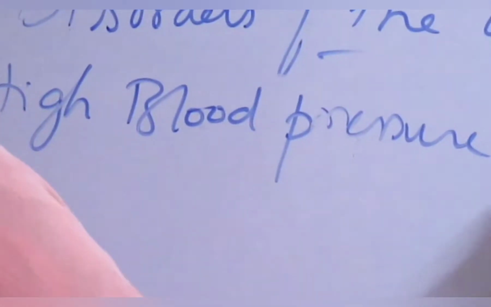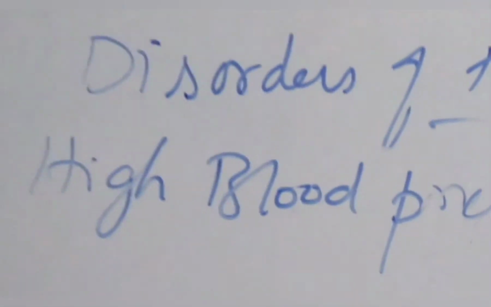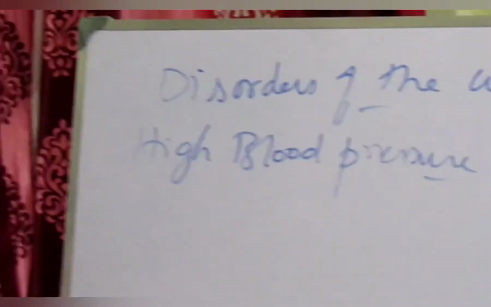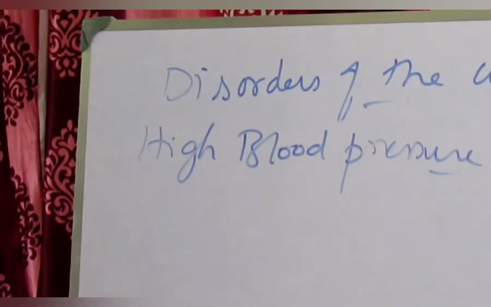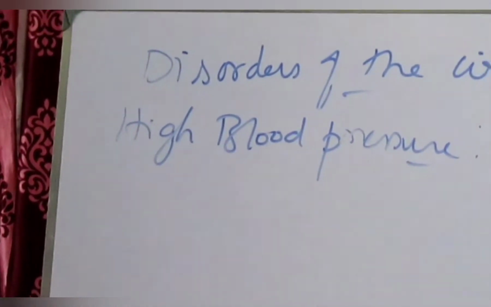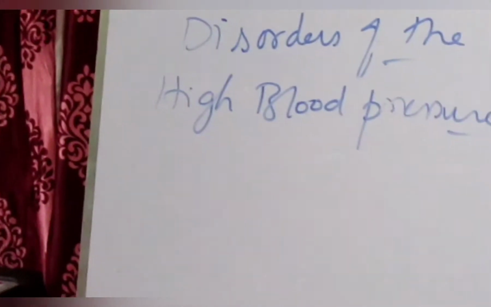It is a force exerted by the blood against the walls of the vessels. It is affected by age, sex and state of health. Blood pressure is measured in the brachial artery of the arm by using the sphygmomanometer.